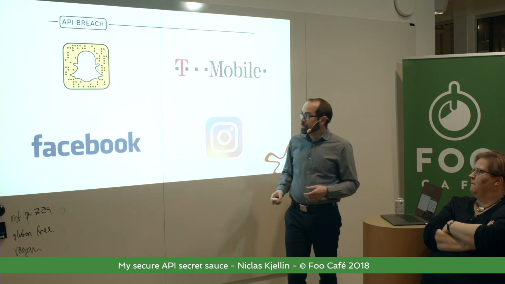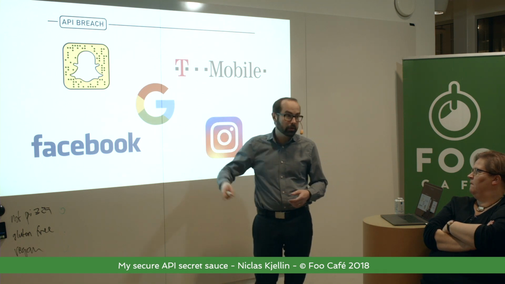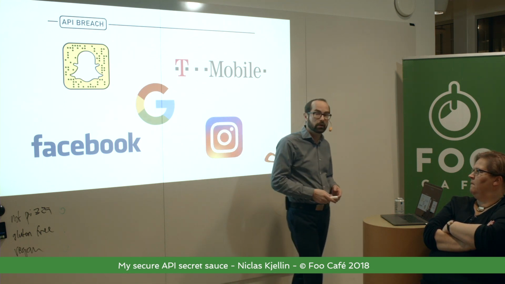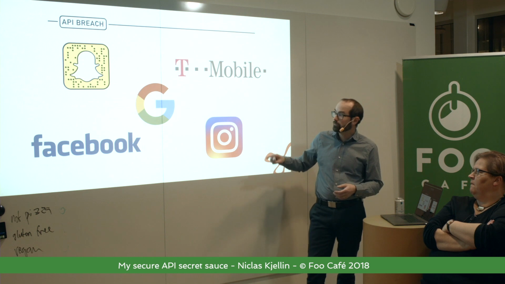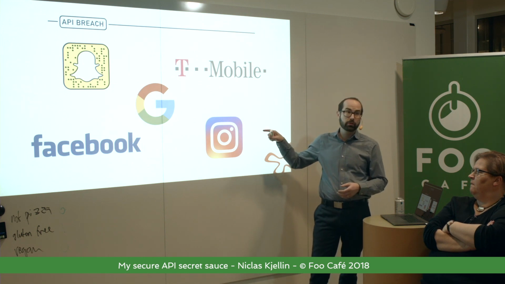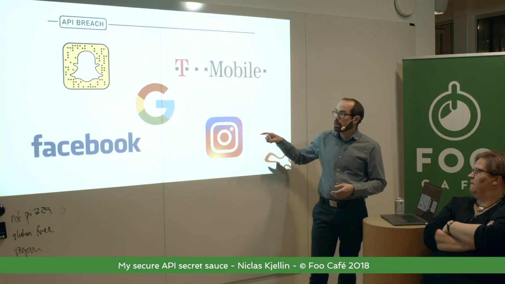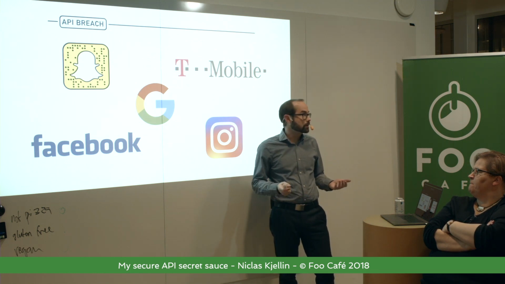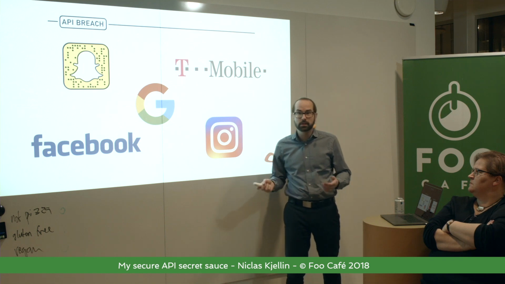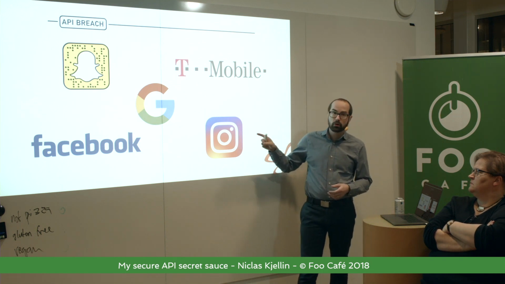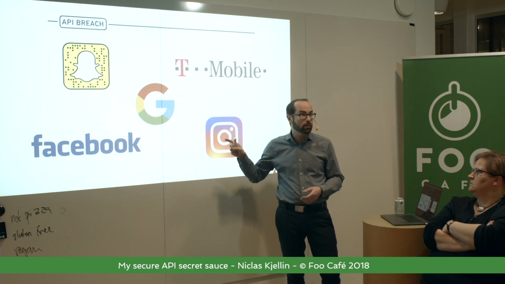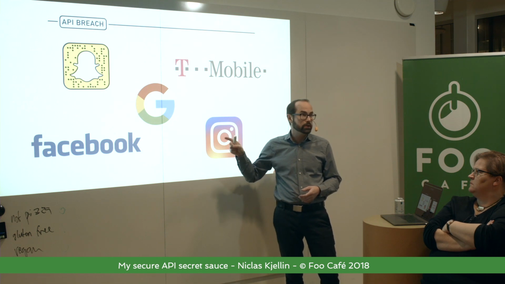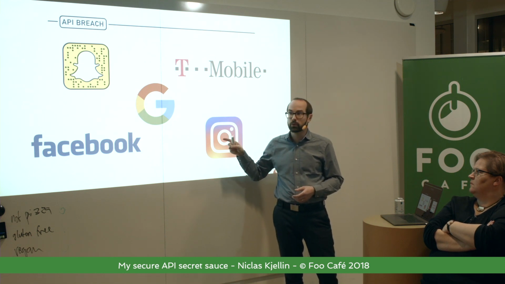So before I start, I'm just going to talk quickly about these companies here, and I think you recognize all of them. They have quite recently had breaches through their APIs in one way or another. And usually it's because they missed something, that there was a bug in the system, they did something wrong. But most commonly it's an access problem. They give more privileges than they should give through an endpoint.